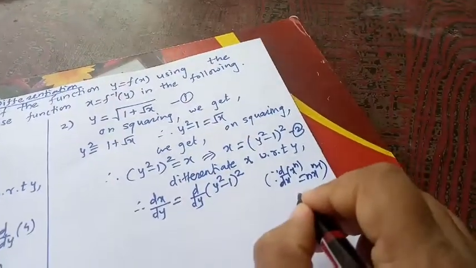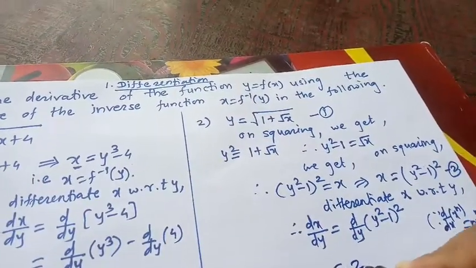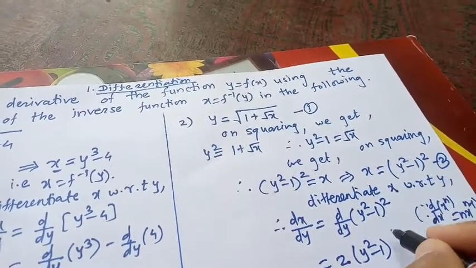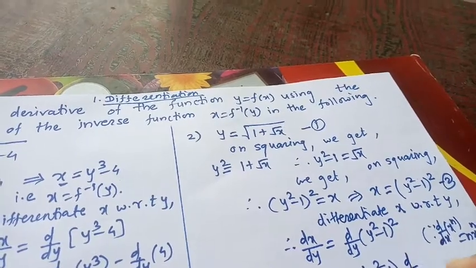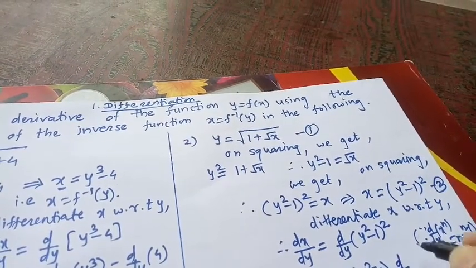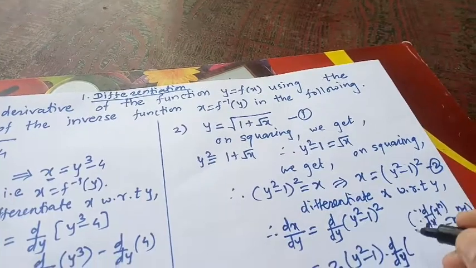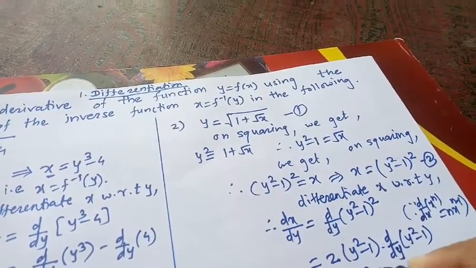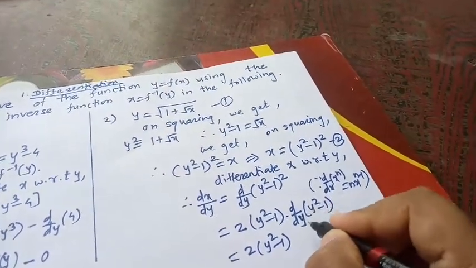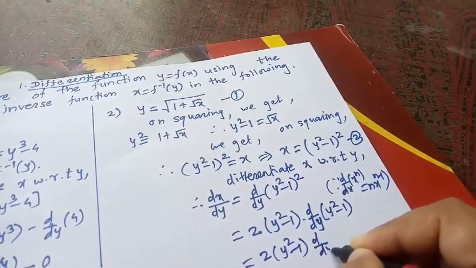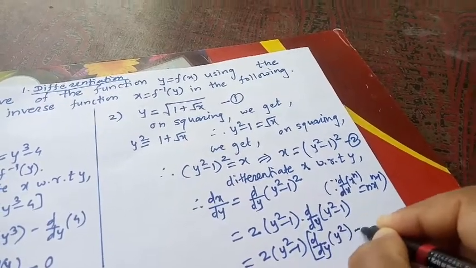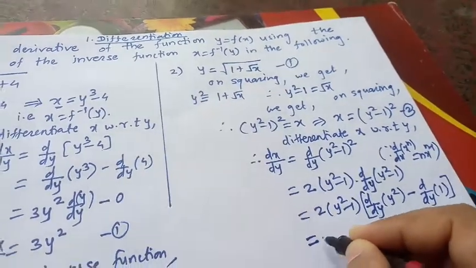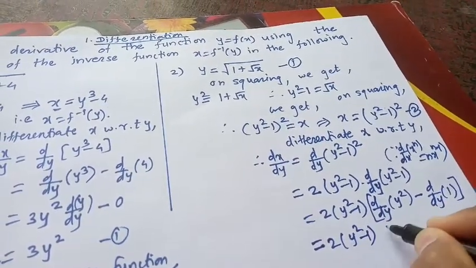We can use this formula. Therefore here 2 times y square minus 1 raised to 2 minus 1, that is 1, into d by dy of the remaining term in the bracket, y square minus 1. Therefore 2 times y square minus 1, and we have to distribute the derivative to each term of this bracket. Therefore d by dy of y square minus d by dy of 1, times 2 y square minus 1 as it is.